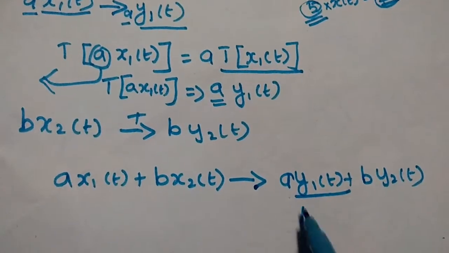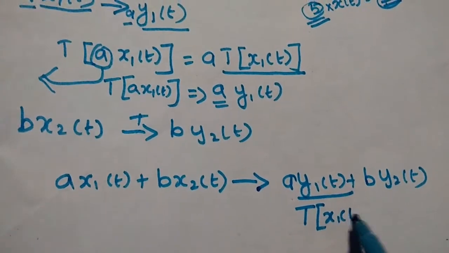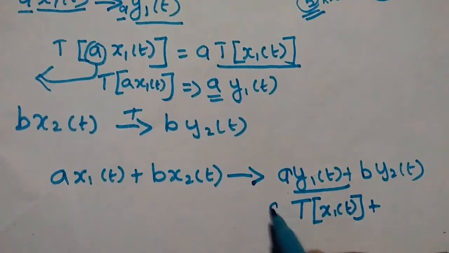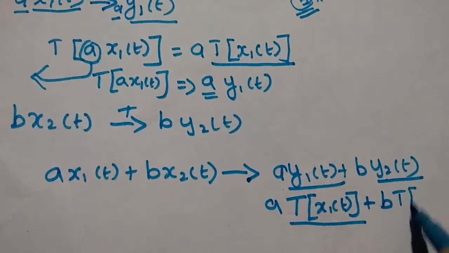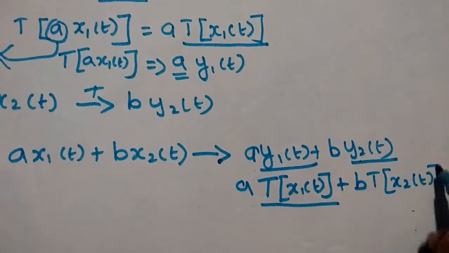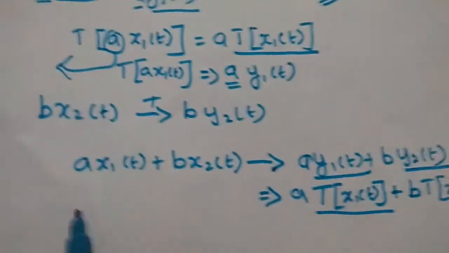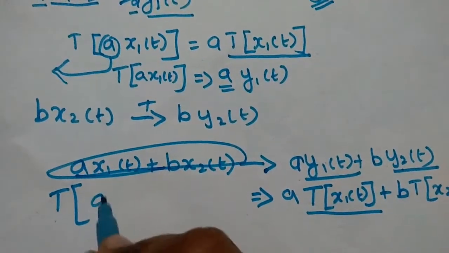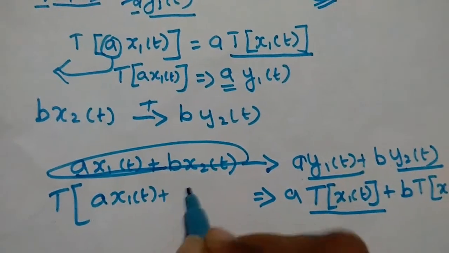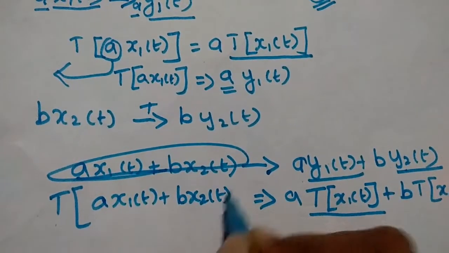Here y1 of t is the transformation of x1 of t, and y2 of t is the transformation of x2 of t. That is the transformation of the whole thing, a x1 of t plus b x2 of t.